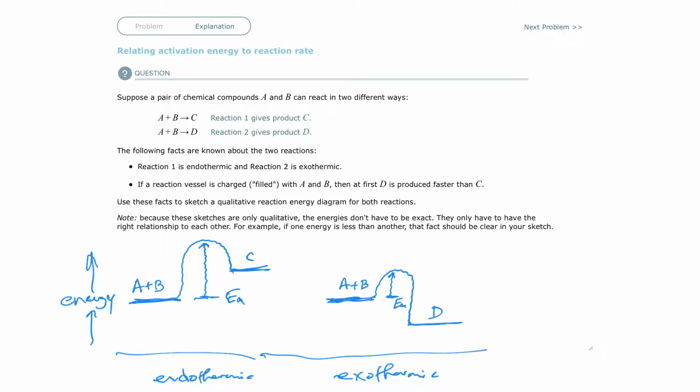Now, let's see if it makes sense. It says if the reaction vessel is charged or filled with A and B, then at first D is produced faster than C. You can see why D would be faster than C. Let's imagine that we're throwing snowballs. Here's me and my buddies over here. We've got snowballs, and here's our enemies on this side.